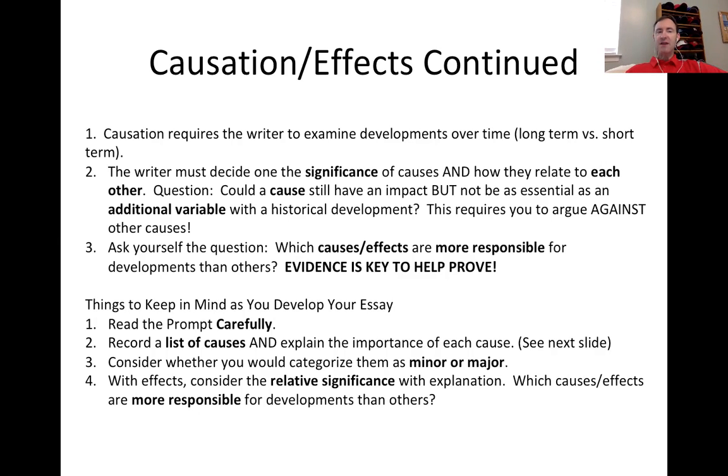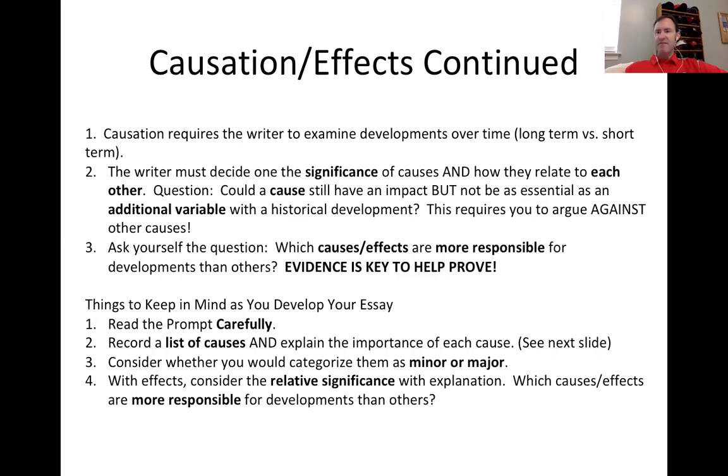So a couple of things, guys, to keep in mind with causation and effects. Causation requires the writer, you, to examine developments over time. Now, we can call these short-term or long-term. What's the big difference? Well, when you're looking at an event like a world war, like World War I, that's long-term.